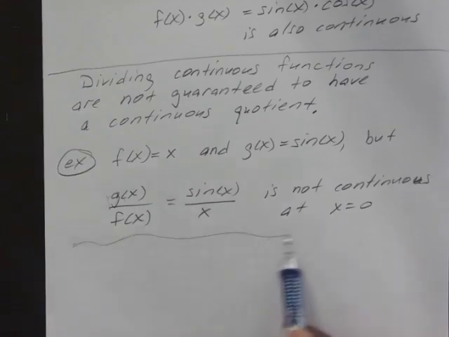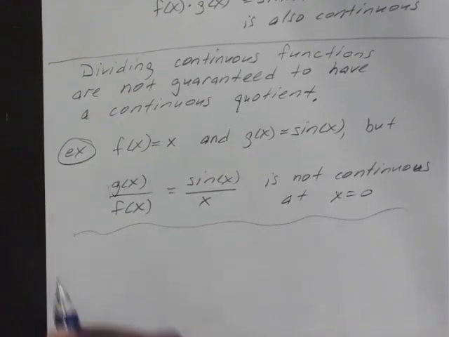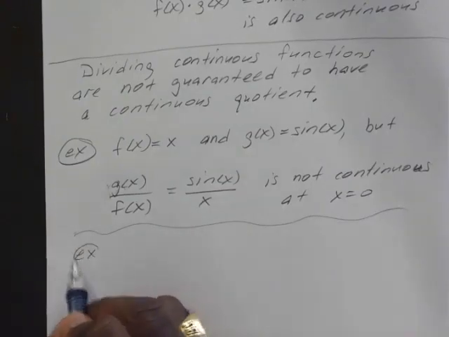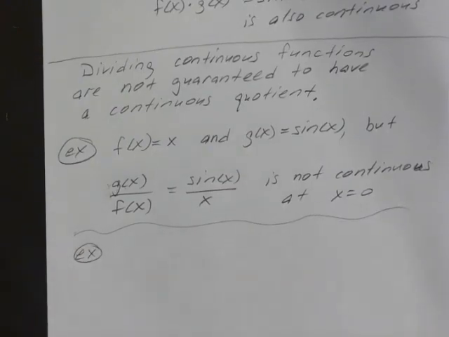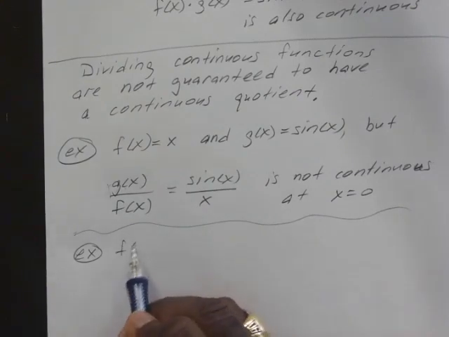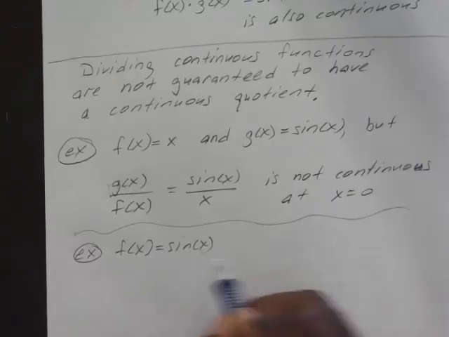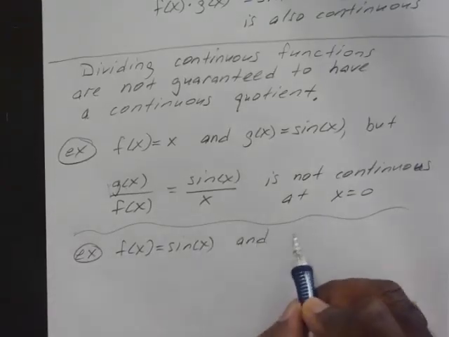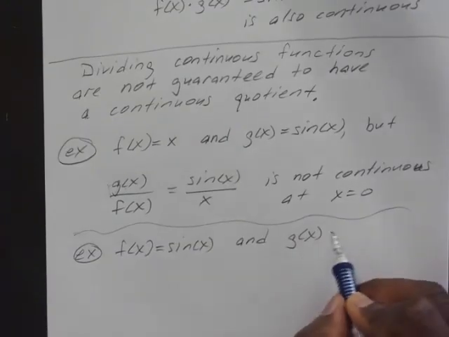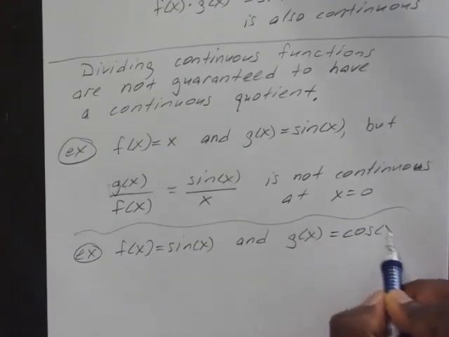Okay, can I separate this? I'll put another example of this one. So if you have f of x is equal to sine of x, and g of x is equal to cosine of x.